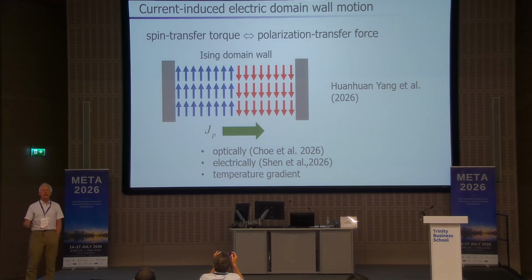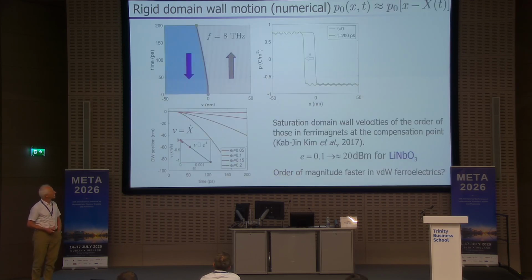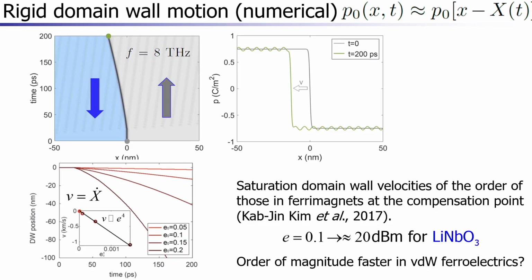Can we drive domain walls also by a polarization current? And with support from Professor Yen here, he was able to solve this problem. And he found, indeed, you can drive domain walls. And the domain wall velocity can actually be very fast. So this is quite promising.